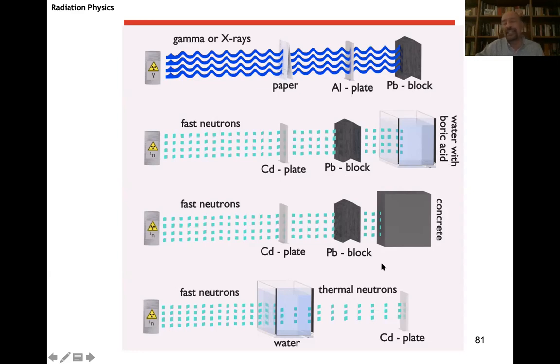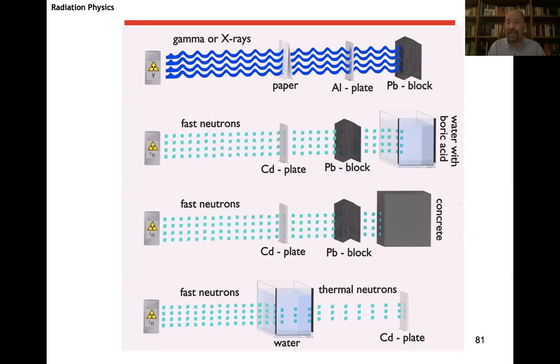So clearly the shielding of neutrons as a medical physics problem is much more complex than the shielding of photons, because now the type of interaction is more complicated. The energy dependence is critical.